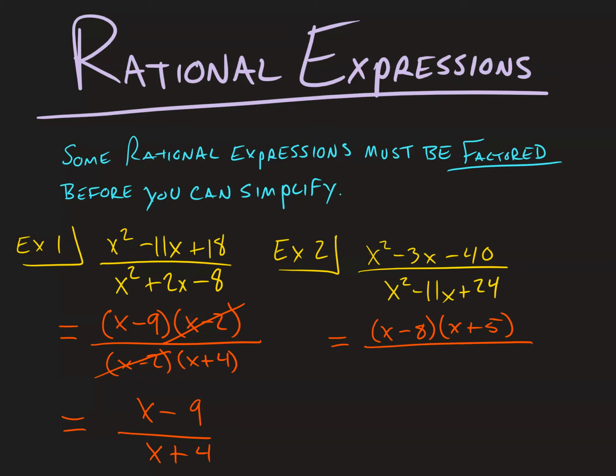Our denominator, x squared minus 11x plus 24, can be factored to x minus 8 times x minus 3. Since both numerator and denominator have x minus 8 as a common factor, they can be divided to equal 1. So we're left with our simplified rational expression, x plus 5 divided by x minus 3.